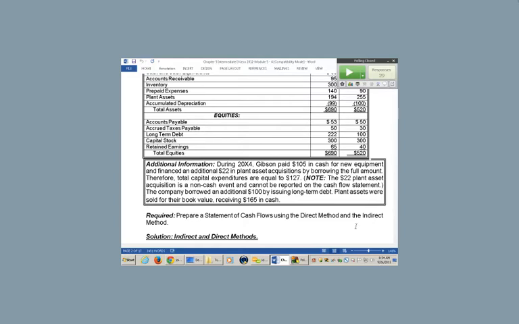So I know this is a cash acquisition. 22 is to finance plant assets. Okay. So I must have borrowed 122 in total. I have 127 in total assets acquired, and I've got 165 in assets disposed.